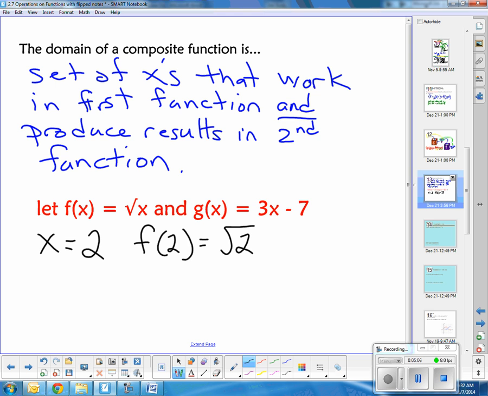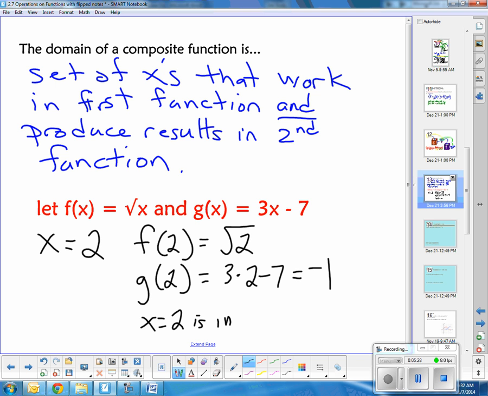That's a perfectly acceptable answer. And I find g of 2, I would have 3 times 2 minus 7, which would be equal to negative 1. So that's perfectly acceptable. What we see here is that x equals 2 is in the domain of f and g. And that's great.